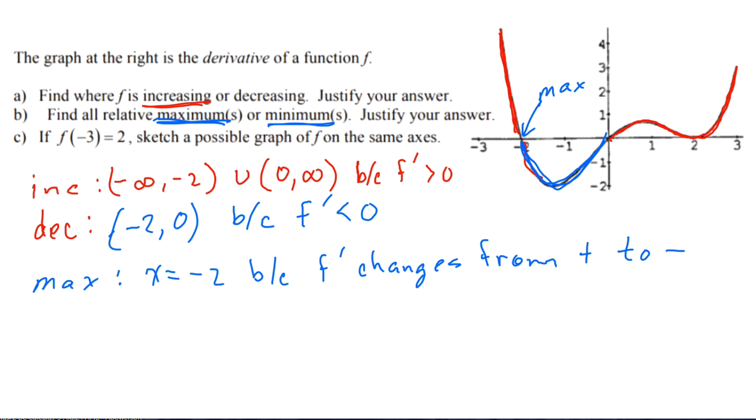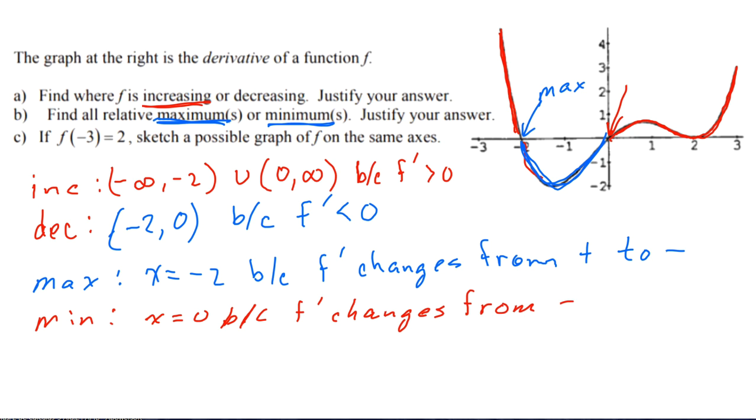And then we are going to have a minimum right here, and that is at x equals 0, and that's because f prime changes from negative to positive.